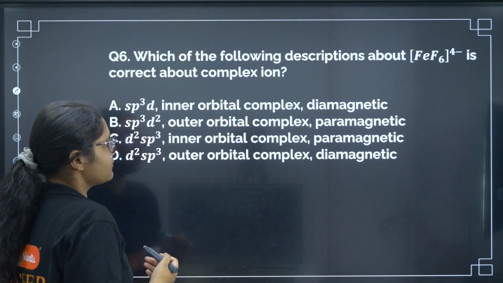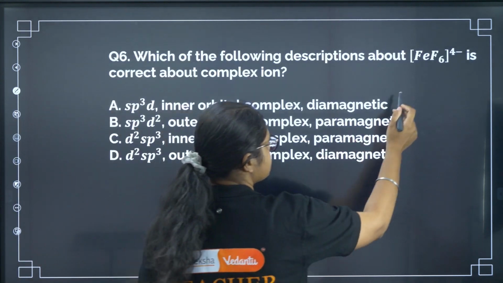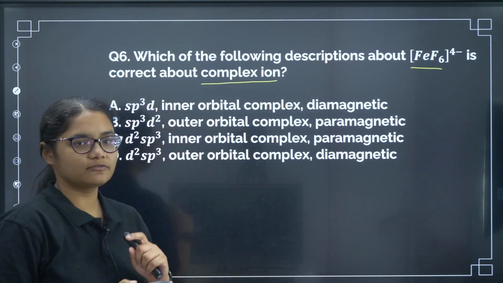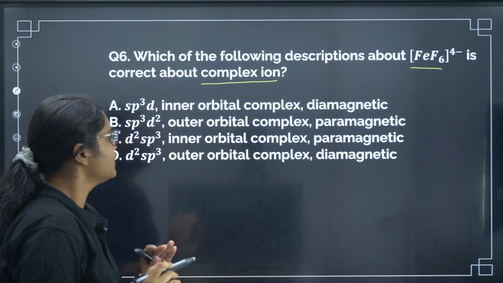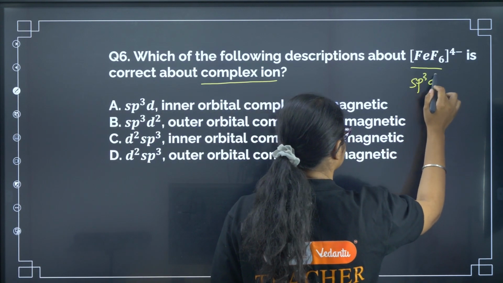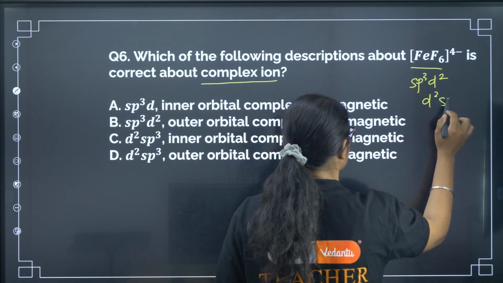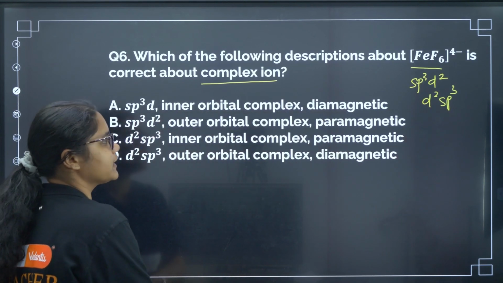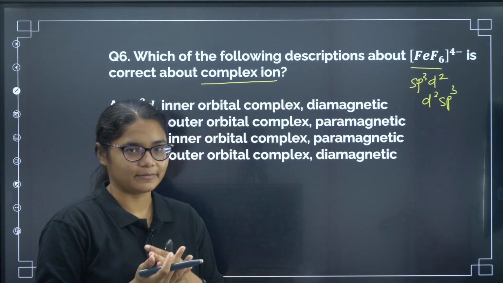Next, which of the following descriptions of [FeF6]4- is correct about the complex ion? So first of all, it is an octahedral complex. Okay, so the hybridization can be either sp3d2 or d2sp3, right? So all the options are having the same hybridization, so we cannot eliminate any option based on that.